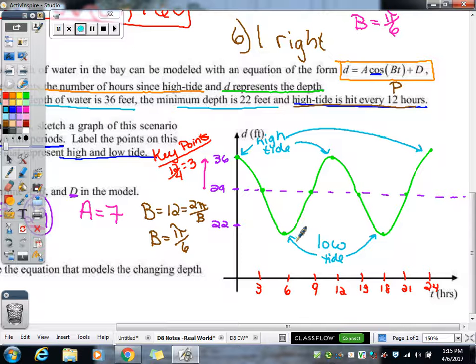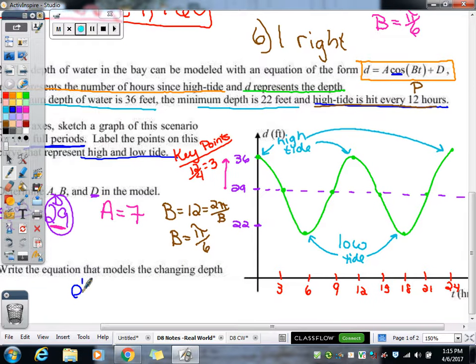So then our last part, they just want us to write the equation. Again, we are following what they gave us up here. So my equation is going to start with D equals. Our A value was 7. And then cosine.